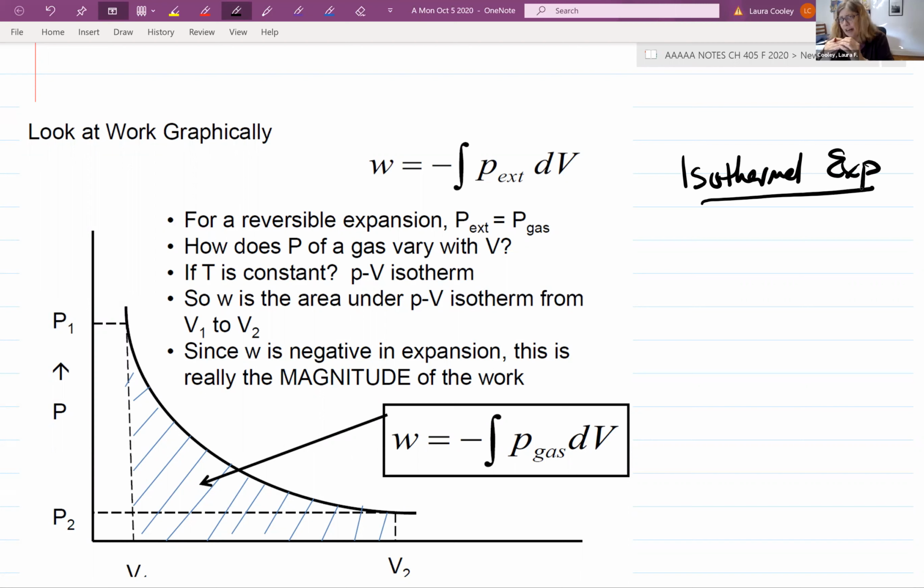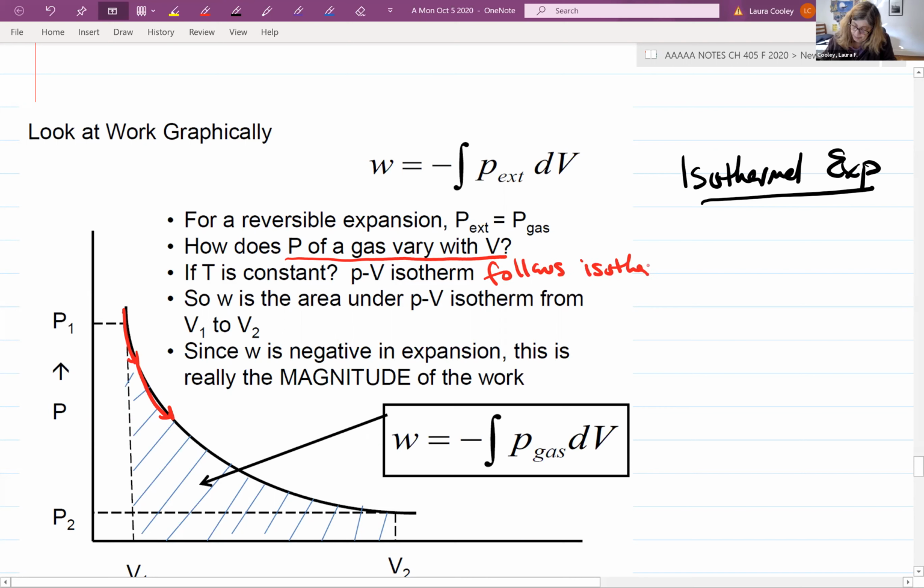And as those grains of sand come off, what's happening to the volume? Well, the volume is following an isotherm, okay? So how does the pressure of a gas vary with V? It follows the isotherm. So we know exactly what's happening to the pressure.